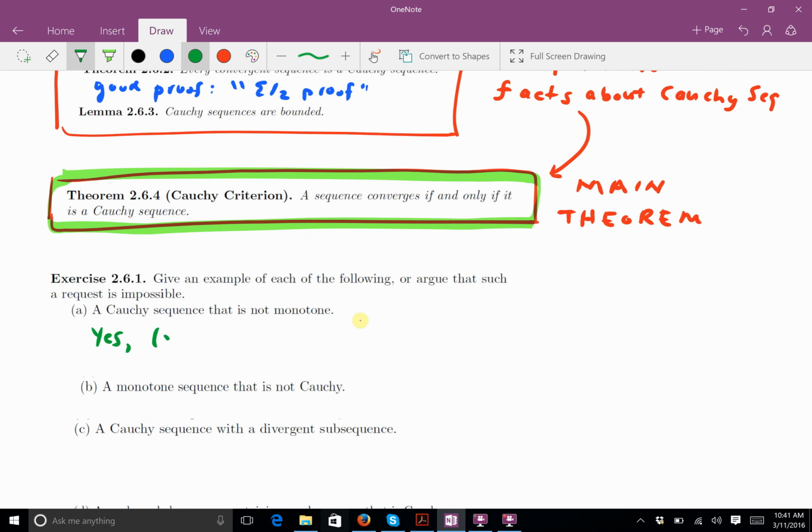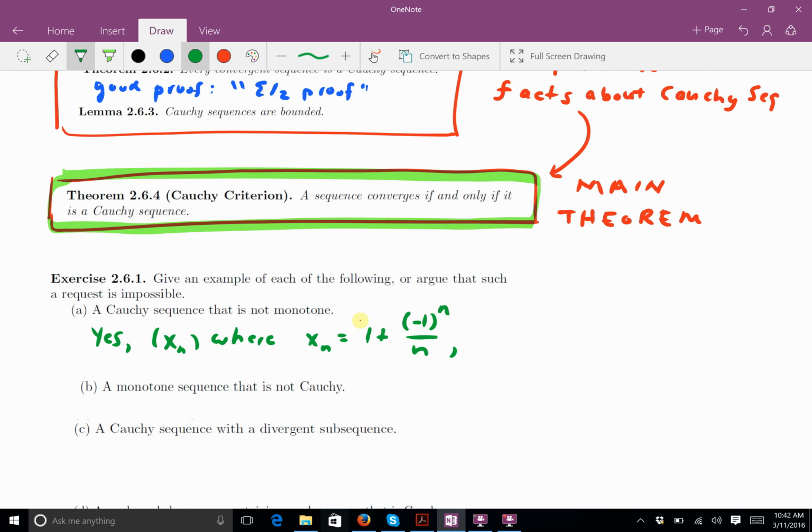So the sequence xn, where xn is defined as 1 plus, this sequence converges.